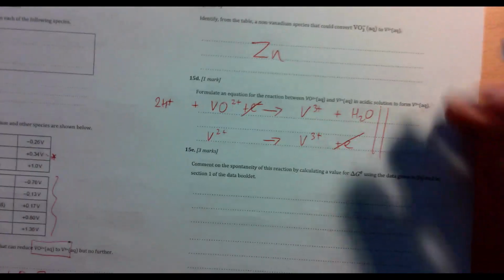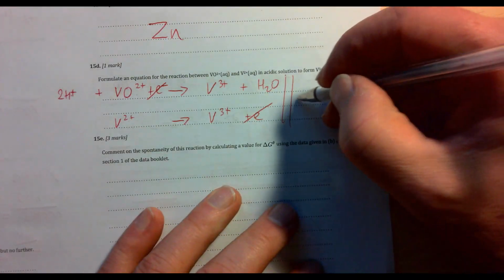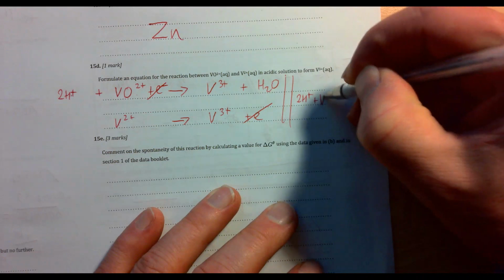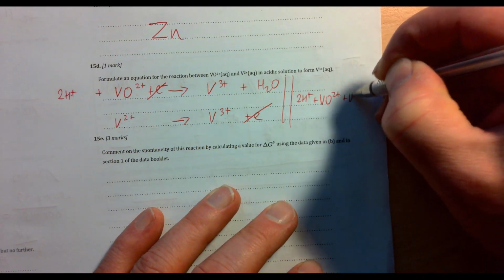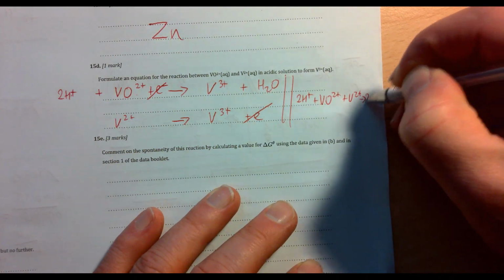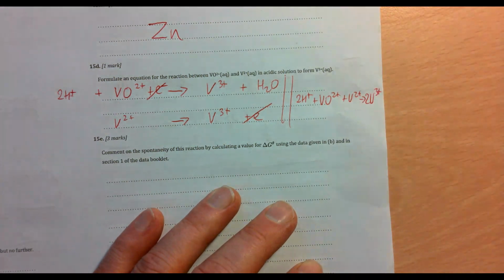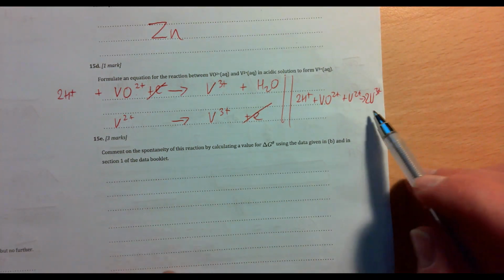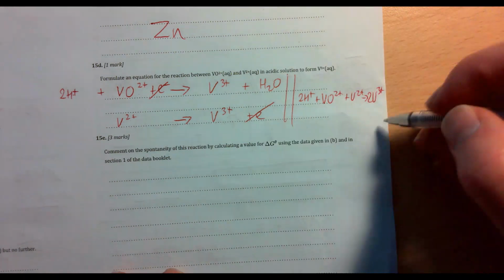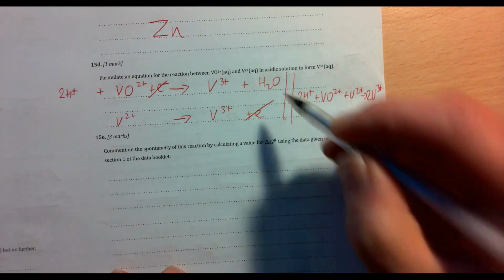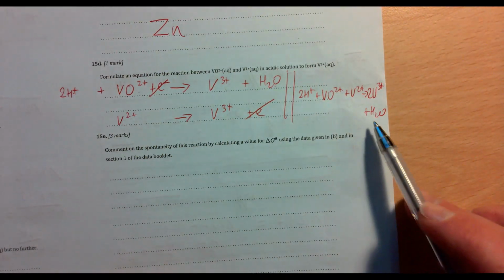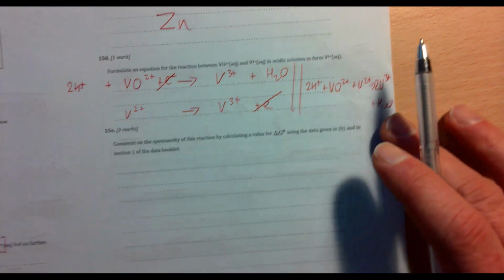I'll write it over here just for completeness. I'm now just going to check I've got that right. Oh, I've missed out water. Water was there, but I forgot to copy it across. That's that one.